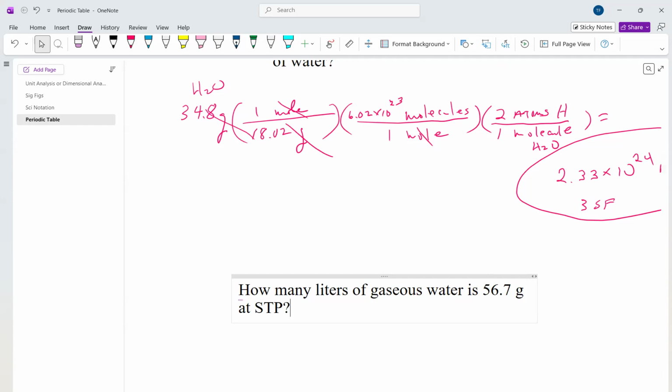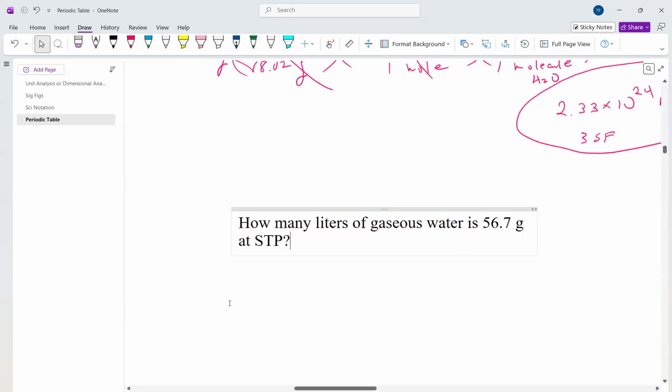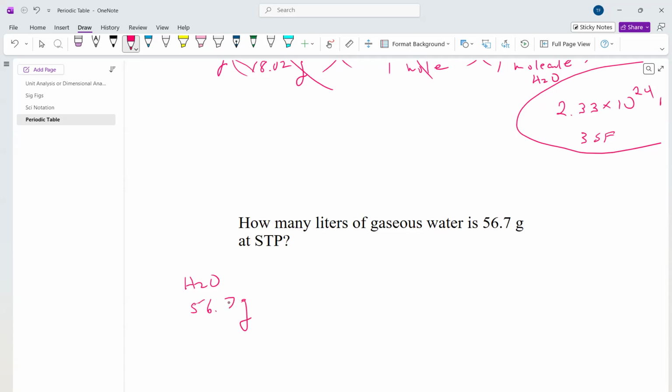Now, for our class, if I don't say at STP, we're going to assume it's at STP. But sometimes I forget to put it. So now we're talking about liters of gas, so we're going to use our new conversion factor, the 22.4 liters per mole. First thing is given. We want to calculate liters.